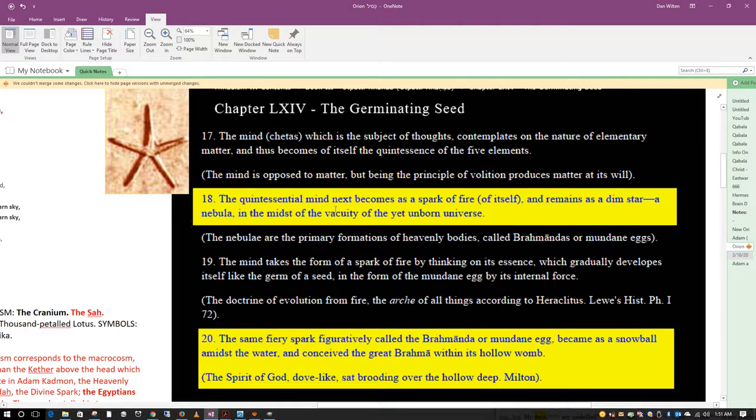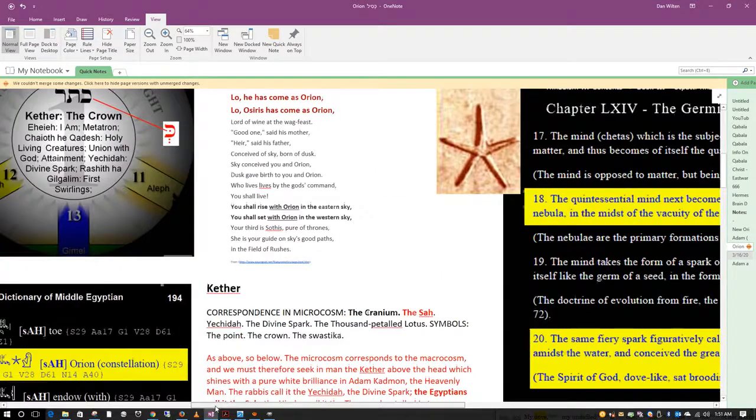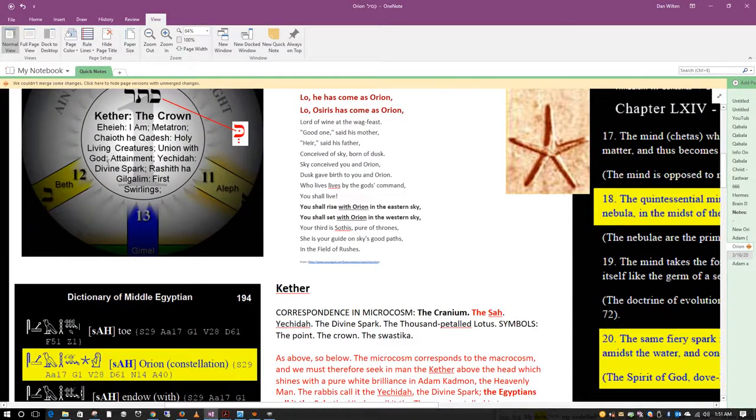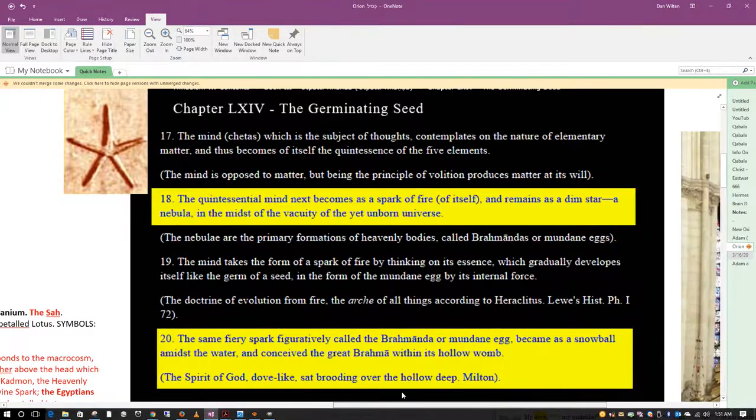The quintessential mind next becomes a spark, which is the divine spark, of itself. Because remember, it's moving down itself and remains a dim star, right here, a nebula, in the midst of the vacuity of the yet unborn universe.